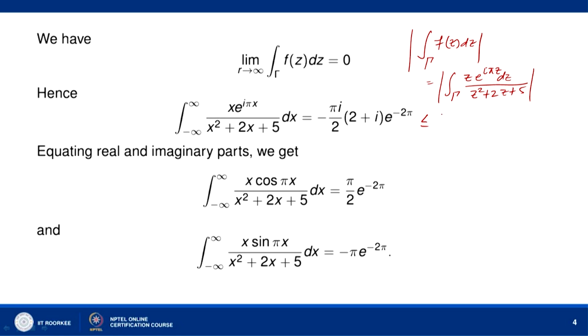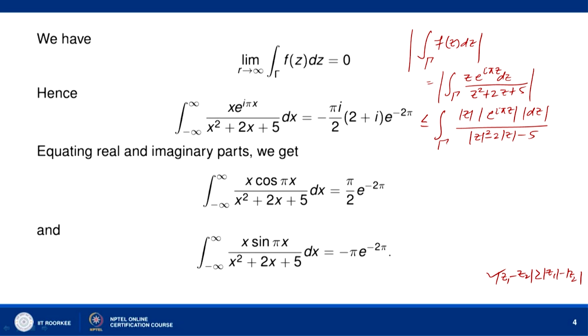So, this is less than or equal to integral of modulus of z, modulus of e to the power i pi z, and modulus of dz divided by modulus of z square minus 2 times modulus of z minus 5, using the fact that modulus of z1 minus z2 is greater than or equal to modulus of z1 minus modulus of z2. This follows from the triangle inequality. So, using this result from the triangle inequality, we get the modulus of z square plus 2z plus 5 is greater than or equal to modulus of z square minus 2 times modulus of z minus 5.